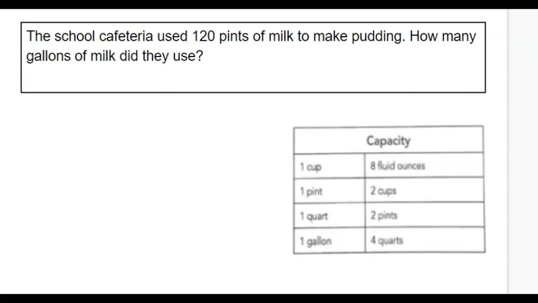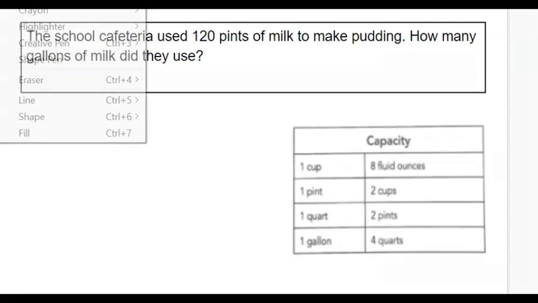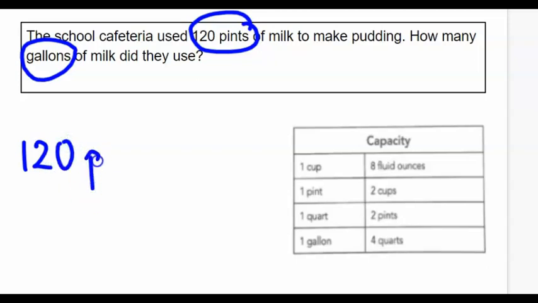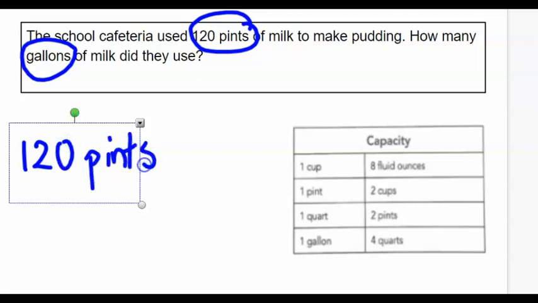That sounds good, doesn't it? How many gallons of milk did they use? So here I'm talking about pints, but I want to know how many gallons. So I wonder if I have 120 pints, how many gallons of milk is that equivalent to?